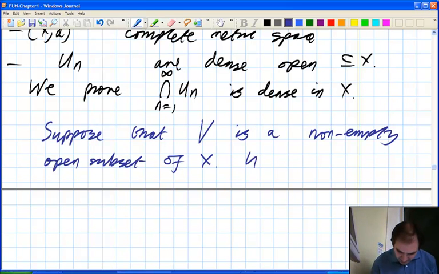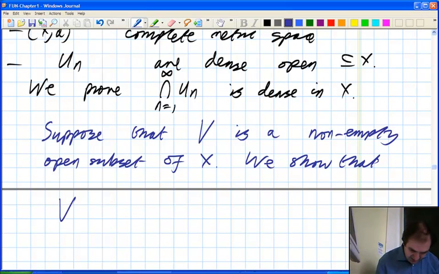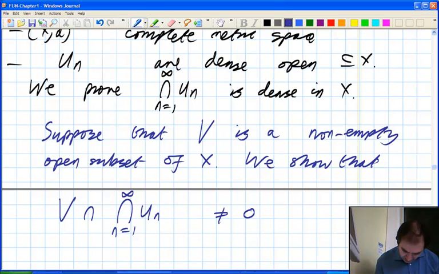So we show that V intersection the intersection from n equals 1 to infinity of U_n is non-empty.